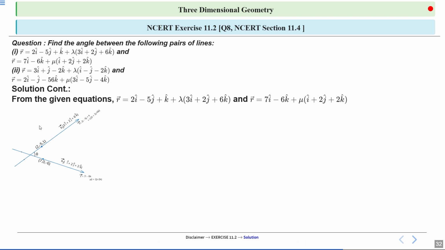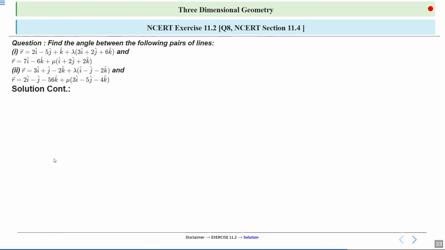These are two lines and they are intersecting at this point, and they make angle theta between these two lines. The direction vectors are vector b1 equals 3 i cap plus 2 j cap plus 6 k cap and vector b2 equals i cap plus 2 j cap plus 2 k cap.